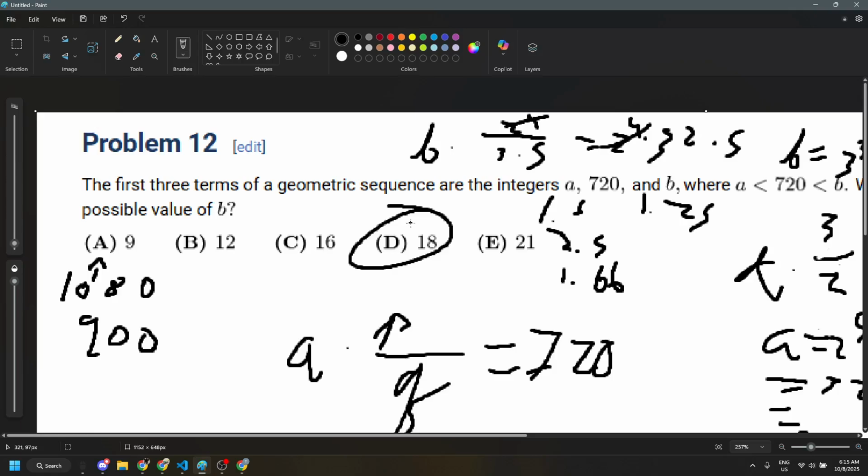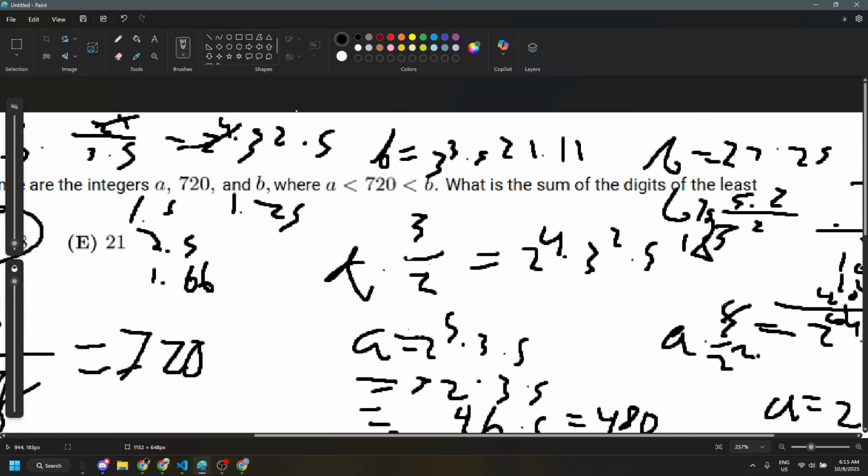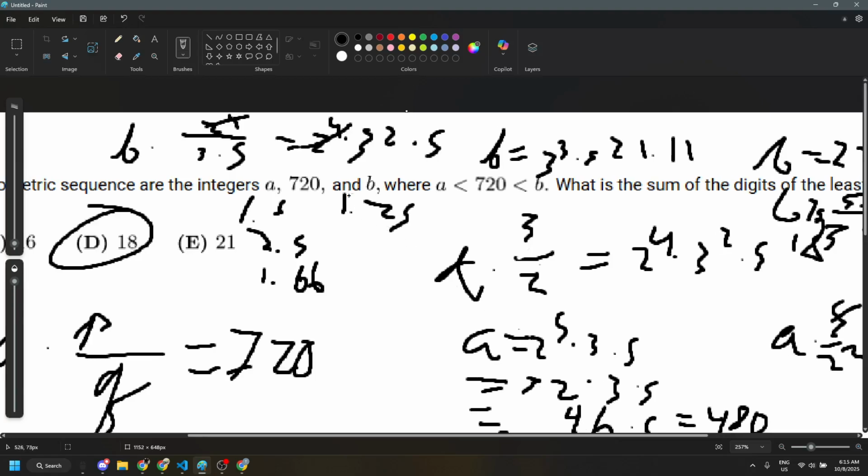Let's check. 16 over 15 is what we did. Got 768 for the last value of B. So 720 times 16 over 15. Oh my god. Am I an actual idiot?